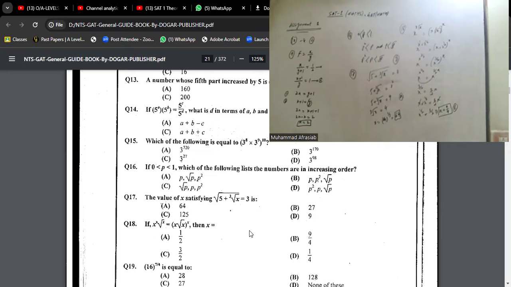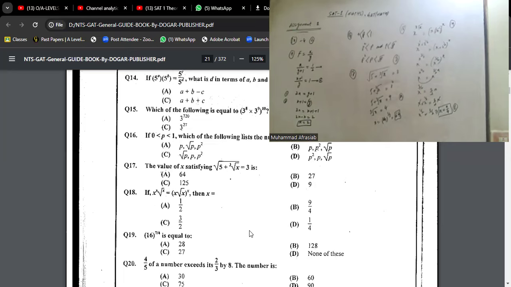Then question number 19. 16 power 7 over 4 is equal to, 16 is basically 2 raised to power 4, power 7 by 4. 4 and 4 cancel.